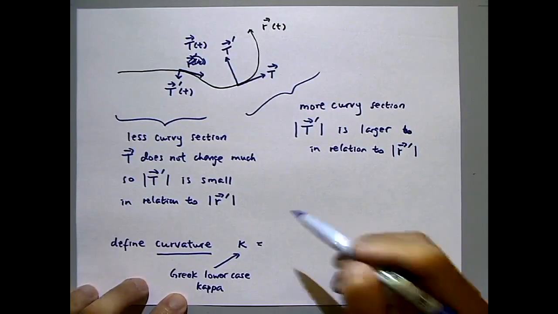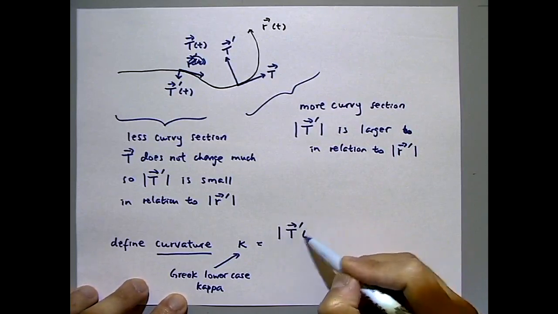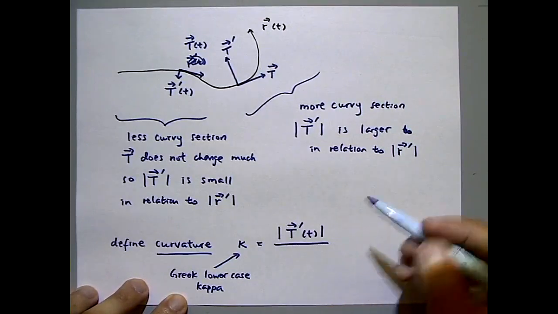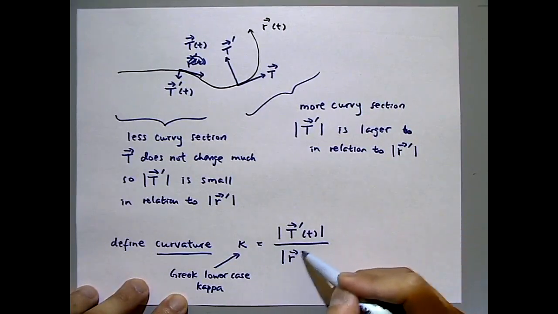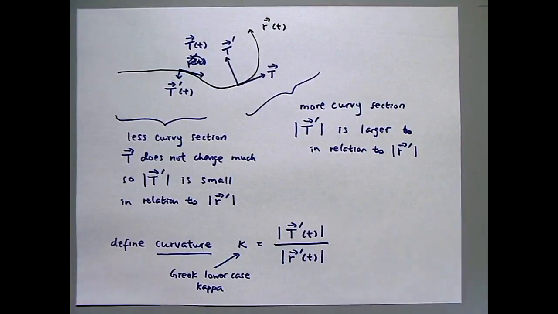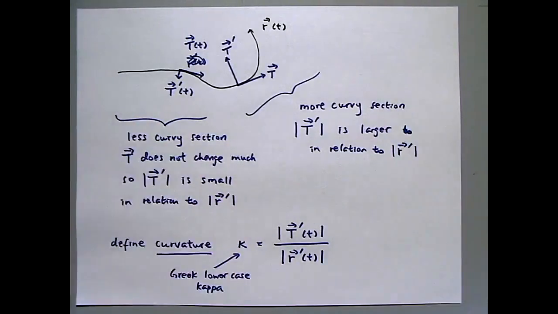So this kappa is defined as the magnitude of the change of the unit tangent vector in relation to the tangent vector. If you're driving a car, this is measuring how fast you have to turn in relation to how fast you're going at that time. If it's really, really curvy, then this will be a big ratio.